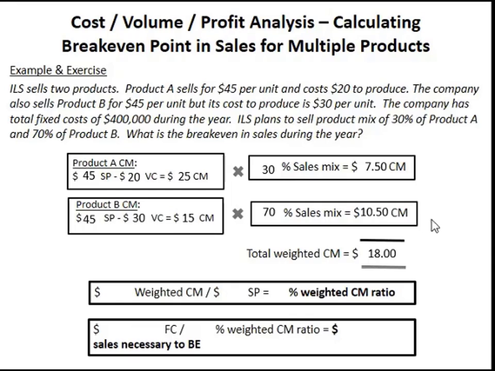So our weighted contribution margin for product B will be $10.50. So our total weighted contribution margin would be the weighted contribution margin of A and of B. So these would total to $18 per weighted unit.